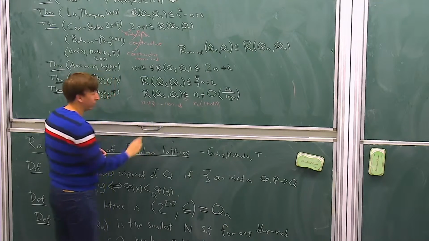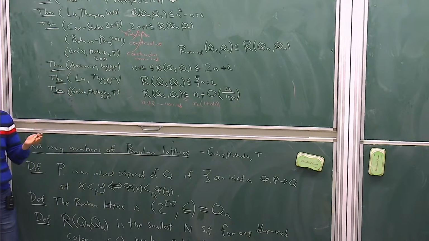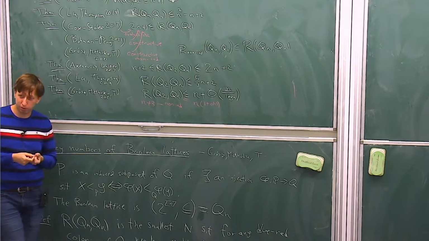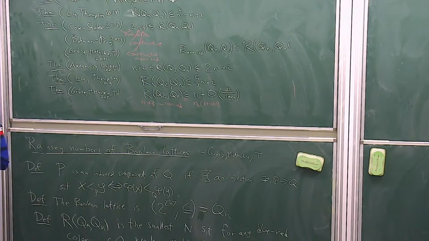And n plus 3 turns out to be the exact right answer for the non-induced case. So we don't have this n over log n stuff.